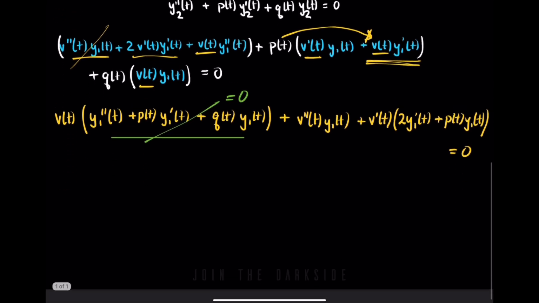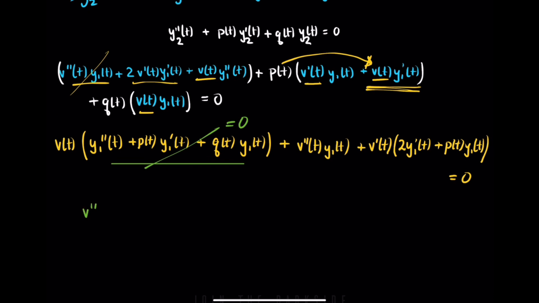And then v''(t) y1(t) plus v'(t) times 2 y1'(t) plus p(t) y1(t) equals 0.